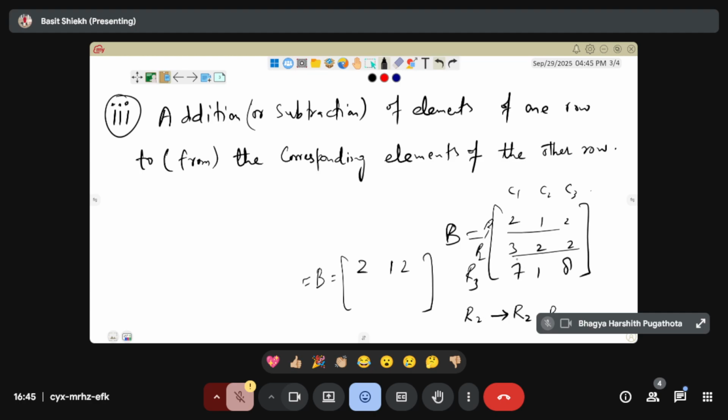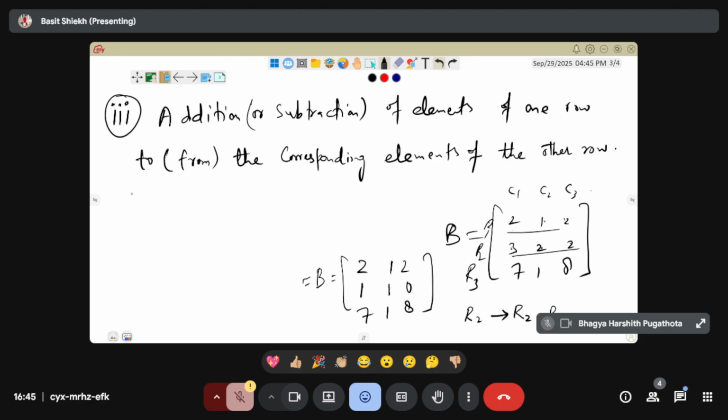We are subtracting row 1 from row 2, so 3 minus 2 is 1, 2 minus 1 is 1, 2 minus 2 is 0. And the third row remains unchanged, 7 1 8.